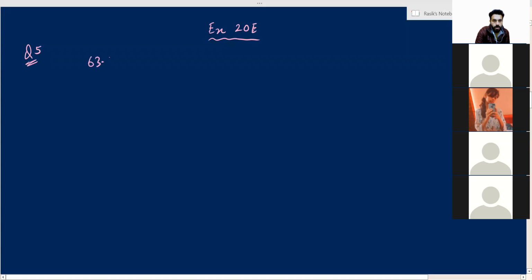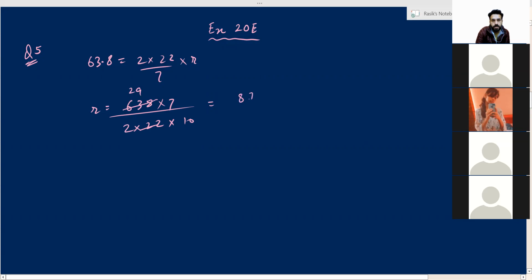So 63.8 is equal to 2 into 22 upon 7 into R. So R will be 638 into 7 upon 2 into 22 into 10. 638 divided by 22 is 29. 29 into 7 is 87. 87 upon 20. This is the radius.